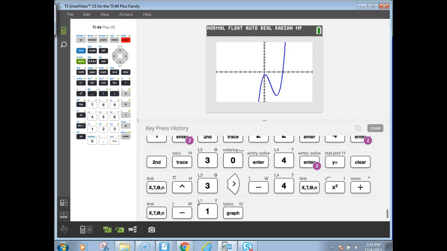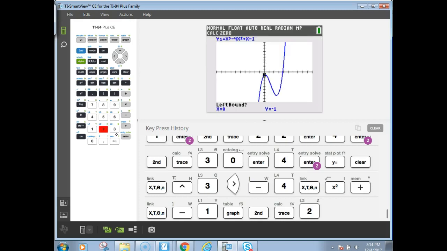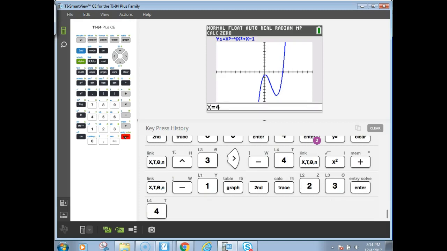Oh, very nice twist. And it's crossing the x-axis really close to 4. So I'm going to go ahead and calculate that zero. It's between 3 and 4 actually, at 3.81.